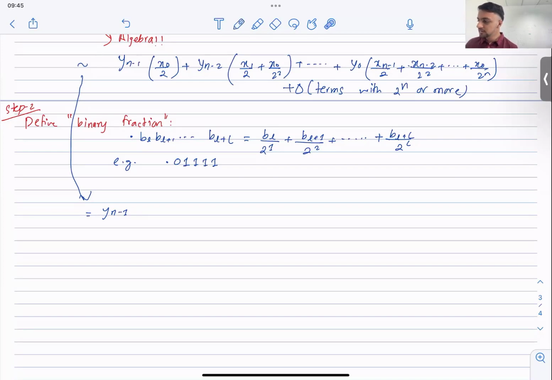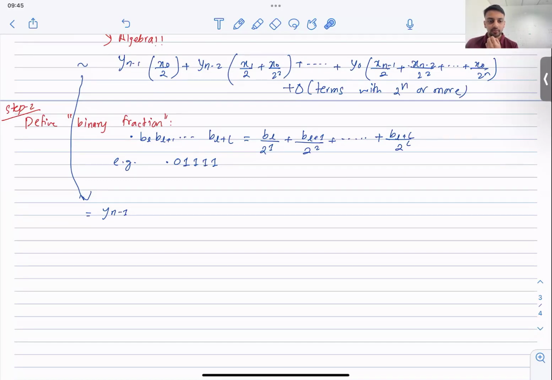If this is defined like this, what is x0 over 2? So I have this form here. I will need to write it down as this form. So I have this x0 over 2. What is it? Okay, so I see, okay, that was a previous message. Any guesses? One.